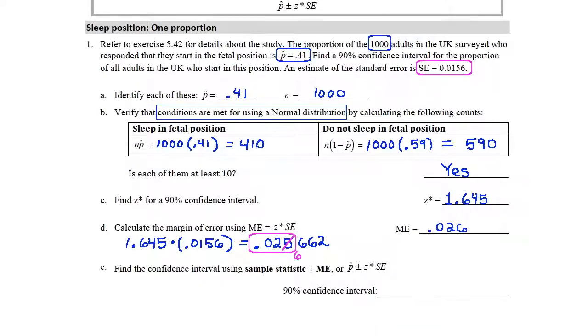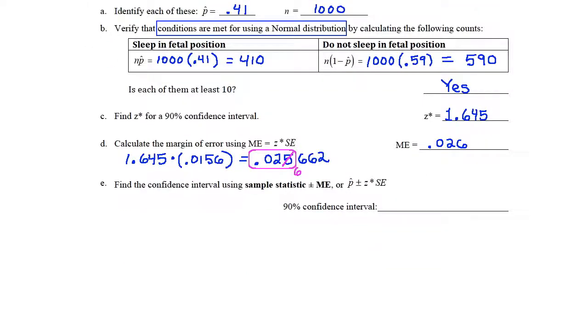So that for my final confidence interval, I will start with my p hat of 0.41 and add and subtract the margin of error of 0.026 to get the 2 endpoints. For 0.41 minus 0.026, I get 0.384.